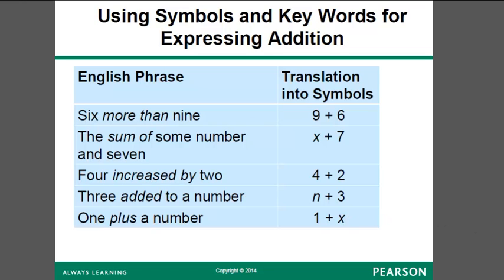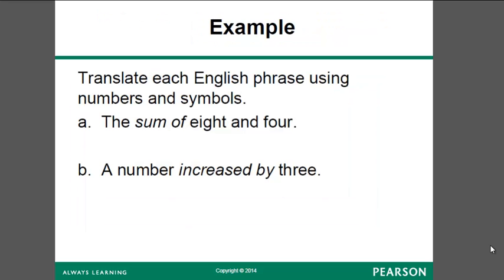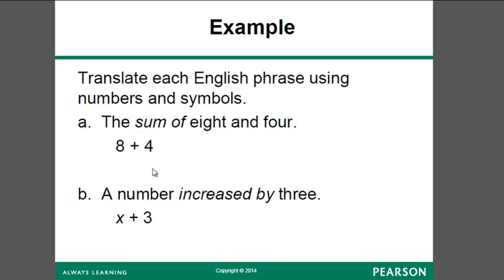Let's look at a couple of examples. Translate each English phrase using numbers and symbols. The sum of 8 and 4. A number increased by 3. The proper way to translate these is like this.